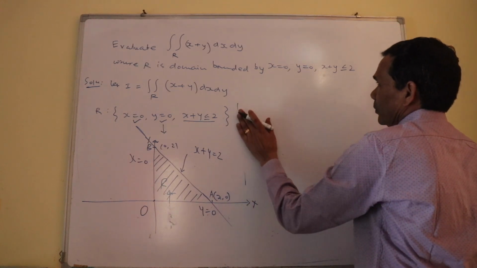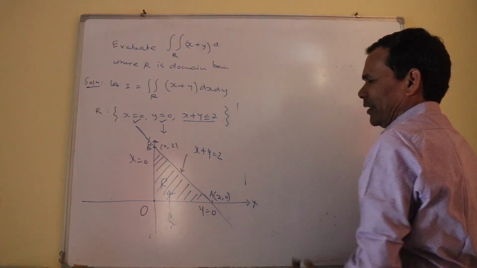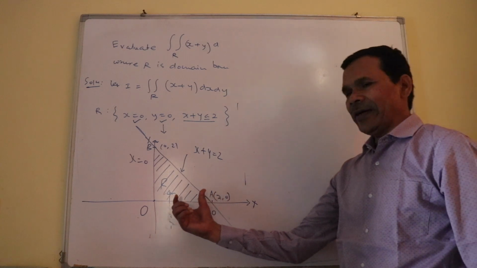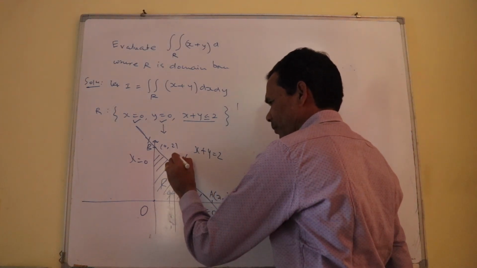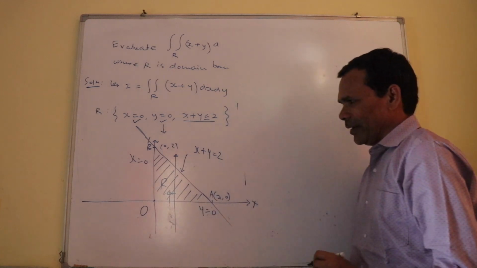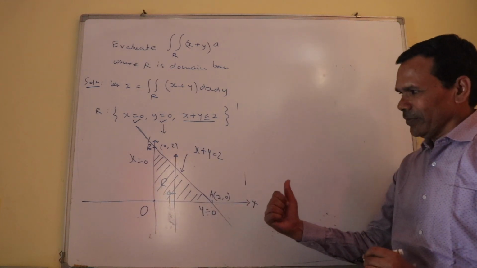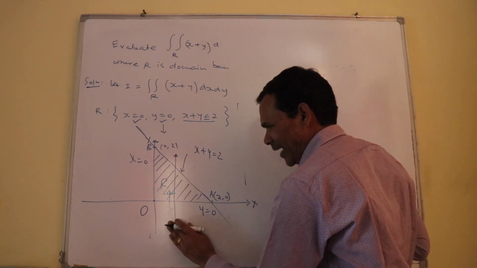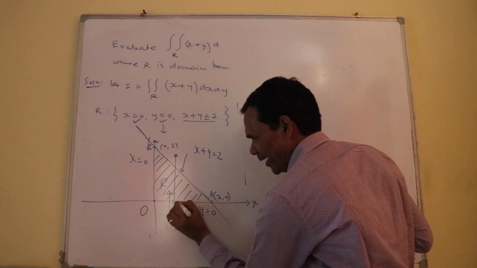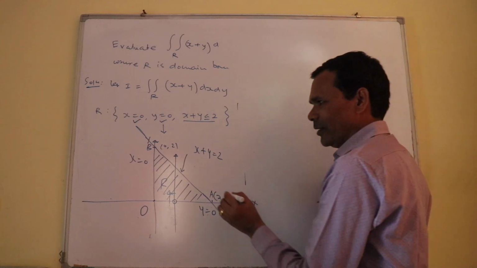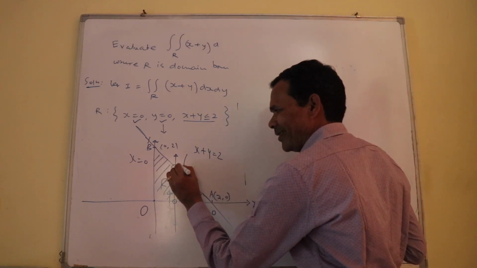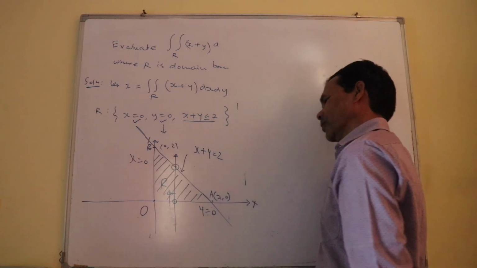Now, how to get the limits? That is rather an important part here. To find limits, it's very usual all the time: we consider a vertical or horizontal strip, or line, in the region of integration. I encircle where the region starts and where the region ends.